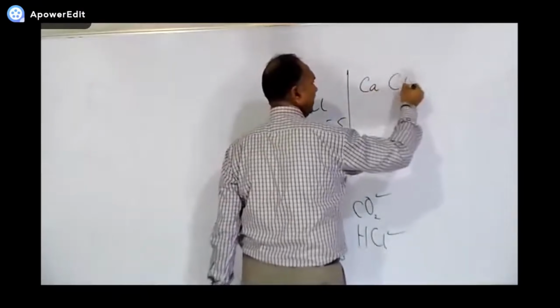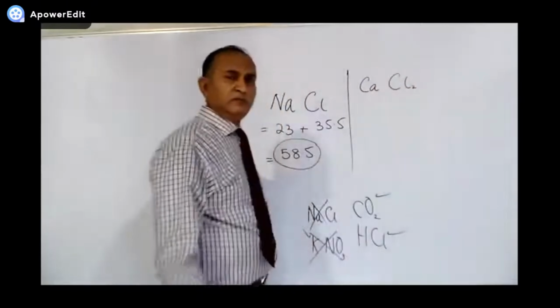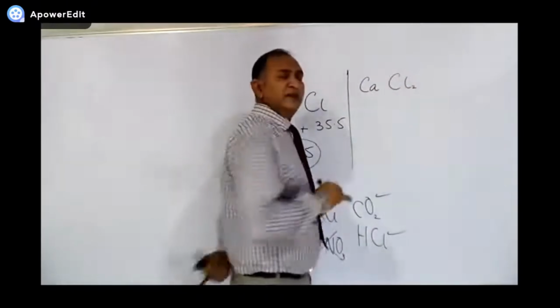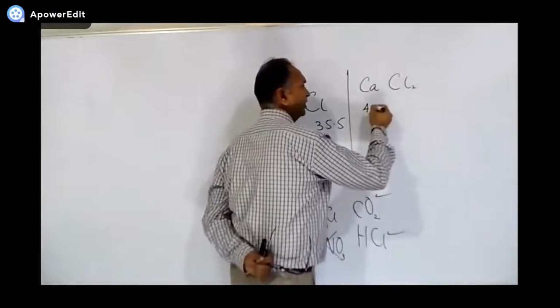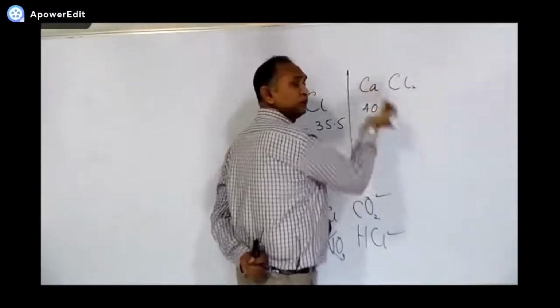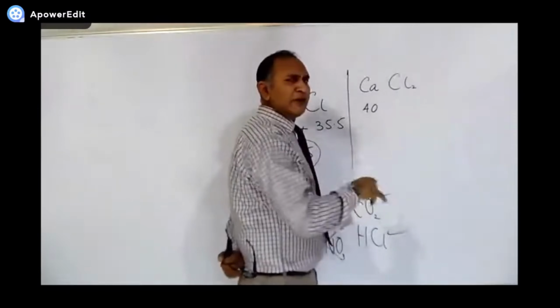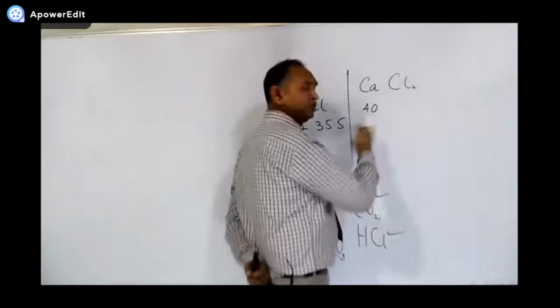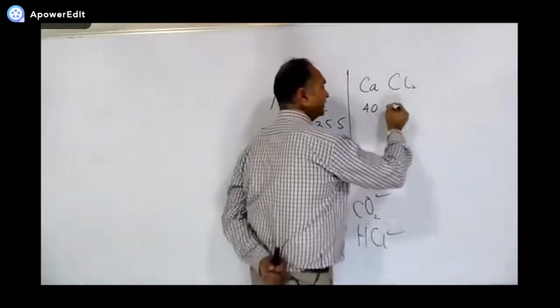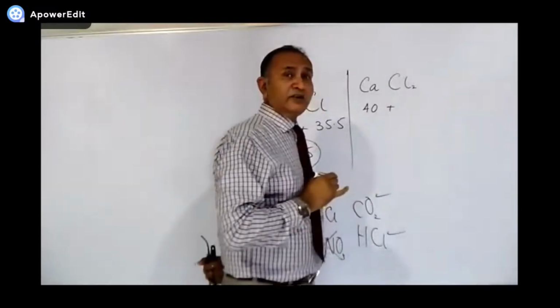Calcium chloride. Let's find its mass. Calcium 40. How many calciums? Just one. So 40 into 1. I'm not writing 1 now because I think that you have grown up now in chemistry in this topic. Plus, what is the mass of single chlorine?